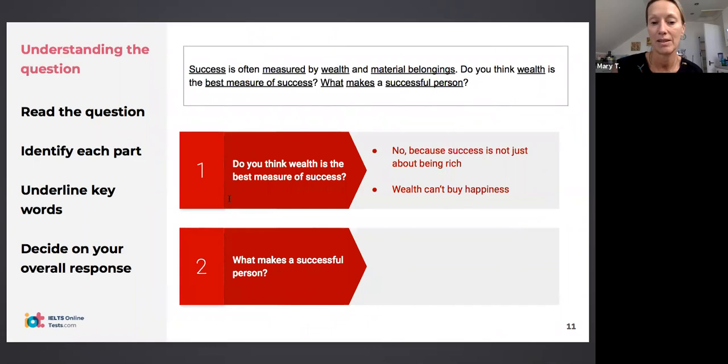And then the second question, what makes a successful person? Okay, what do you think? State of mind, health, education, happiness, ability, relations with others, knowledge. Wow, you've got a lot of ideas. It's really good. Okay, some of you coming up with the same ones as me.